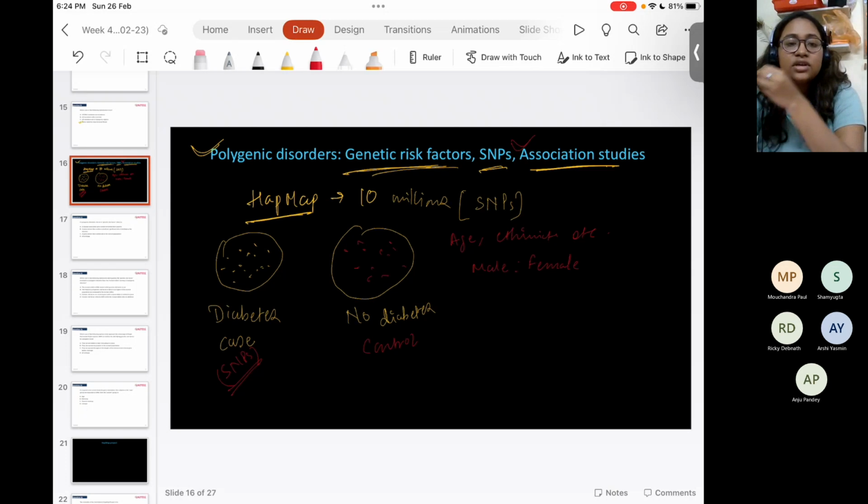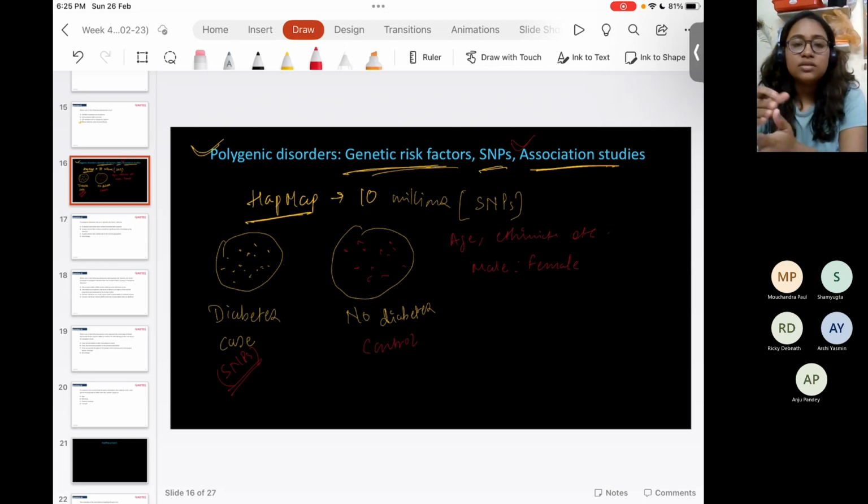They try to see if a particular SNP is present in, say, 100 people with diabetes, and not present in a group who doesn't have diabetes. Then they can say with some statistical backing that this SNP is likely to cause this particular disease, that is diabetes.